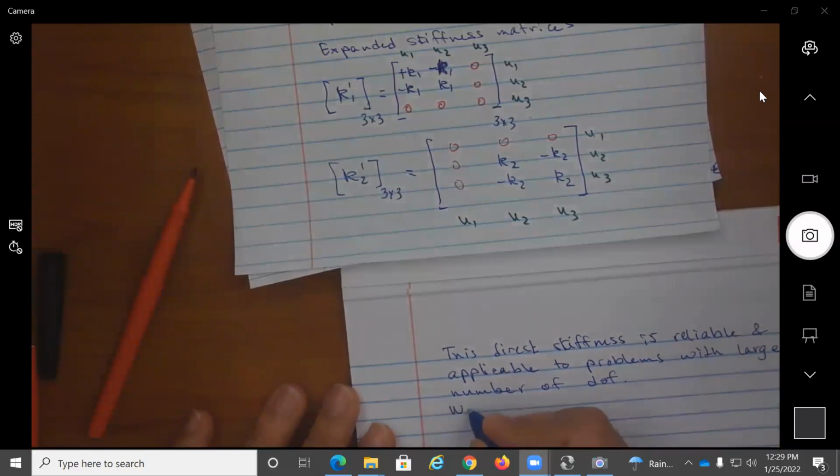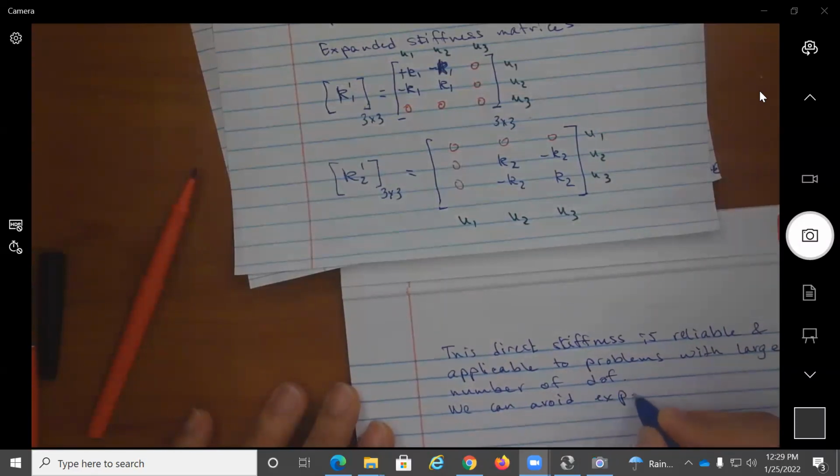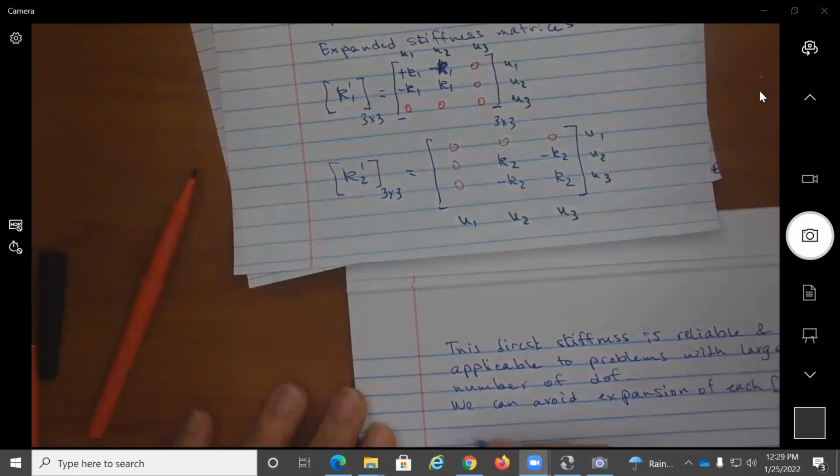and we can avoid the expansion of each element stiffness matrix simply by labeling the rows and columns.